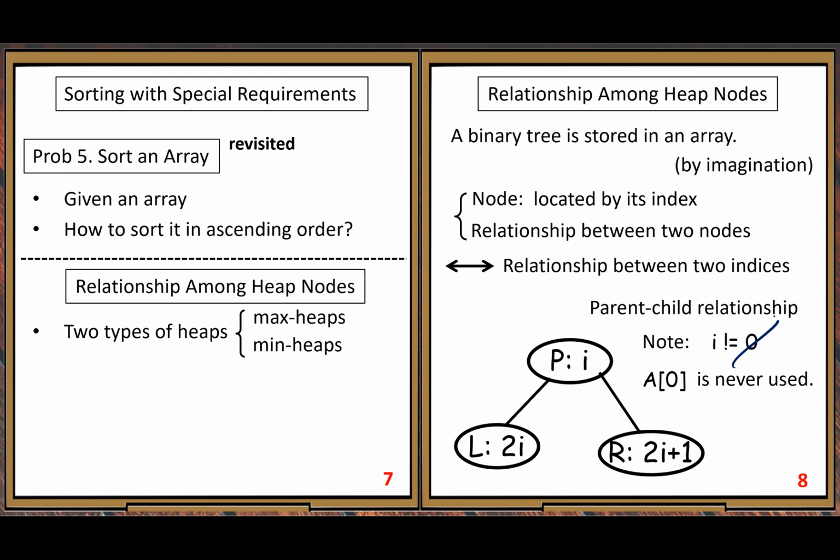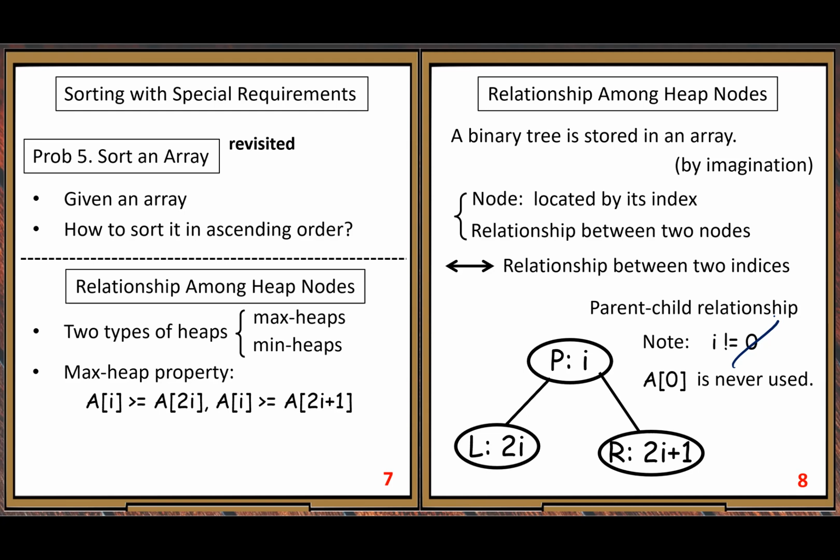Max heaps should have the max heap property. So what's that max heap property? The value of the parent node, A of i, should be greater than or equal to the values of the child nodes. That's the max heap property.